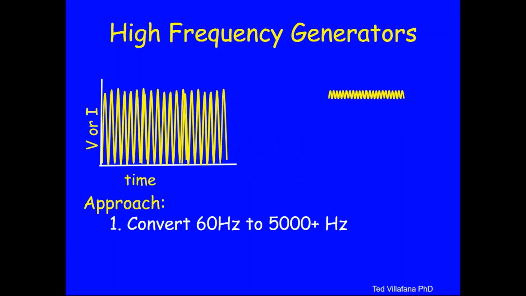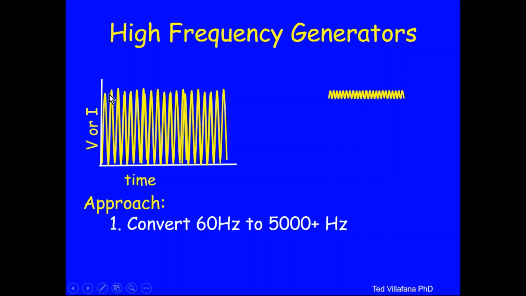Rather than have the 60 cycles per second that we've been talking about, we go through an oscillator, and in a portable you go up to 1,000, and these days even more, 1,000 cycles per second. In a full-fledged room rather than a portable, you go up to 5,000 cycles per second and more, in hertz.